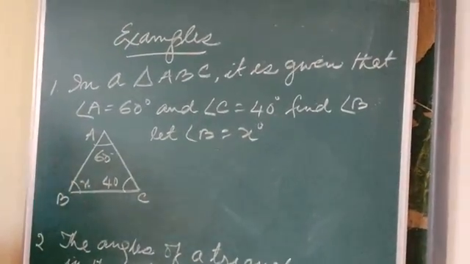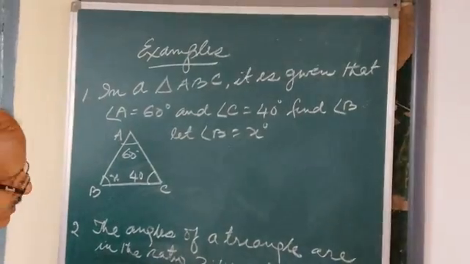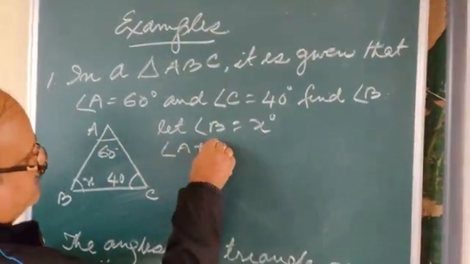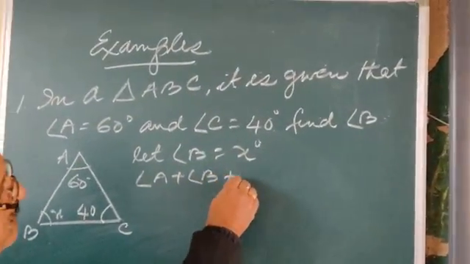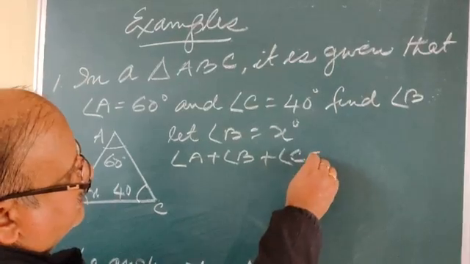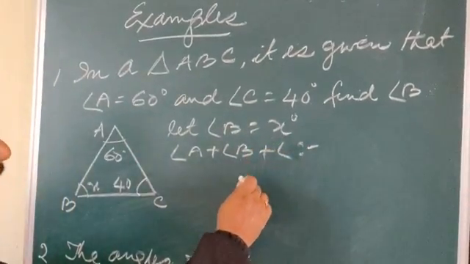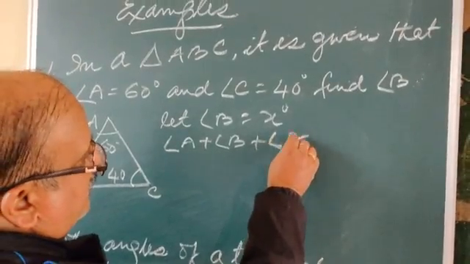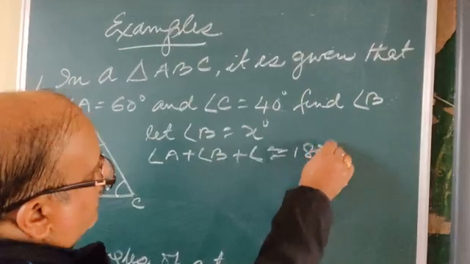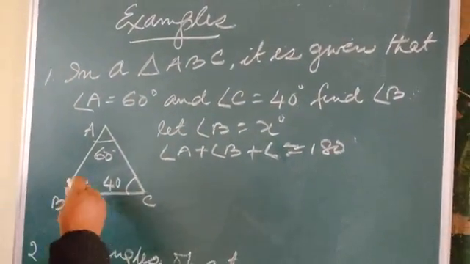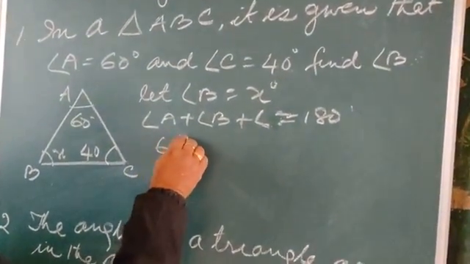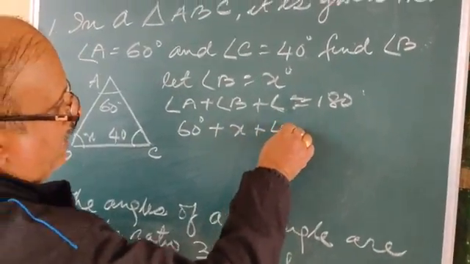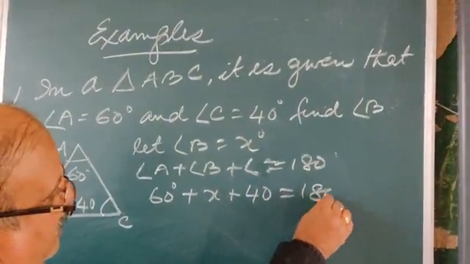So we know that the sum of the angles of a triangle is 180 degree. Therefore, angle A plus angle B plus angle C is equal to 180 degree. Angle A is 60 degree plus B is x plus 40 is equal to 180 degree.